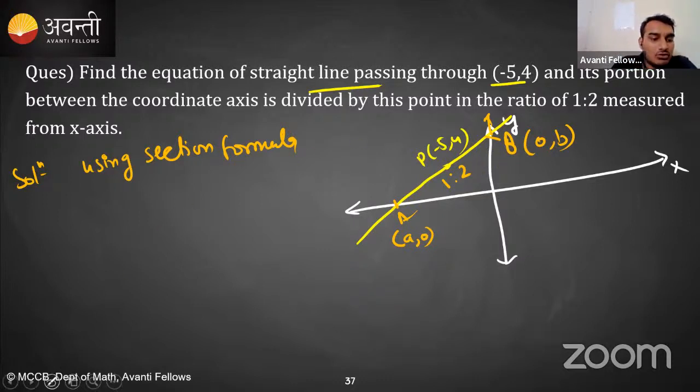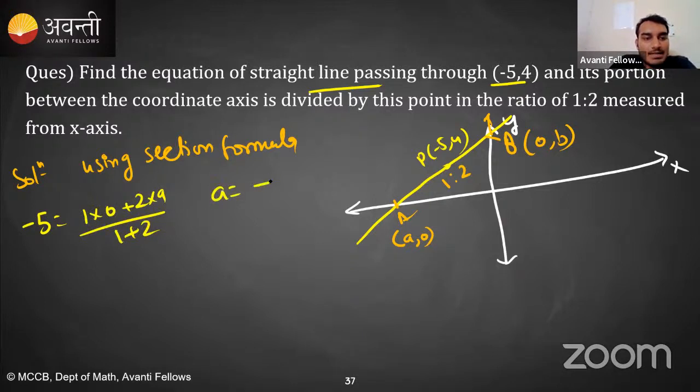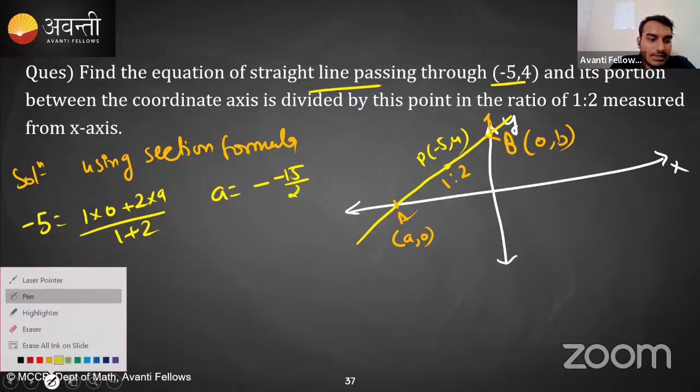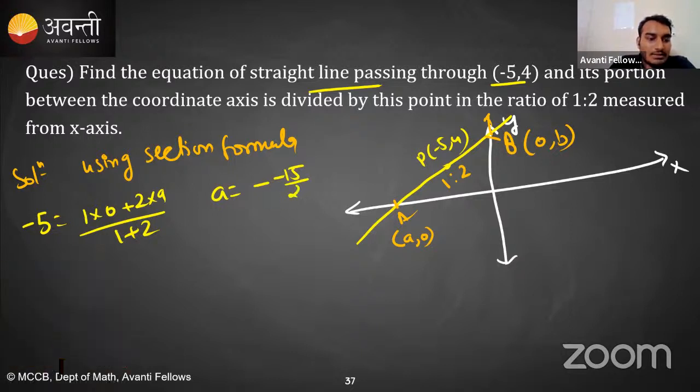So what is -5? -5 is the x coordinate. So it will come out as (1 into 0 plus 2 into a) upon (1 plus 2). Clear? So how much is a? a is -15/2. I applied the section formula and did nothing else.